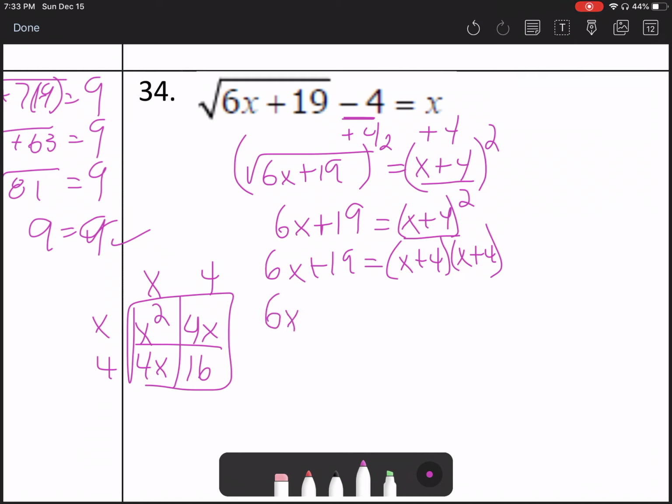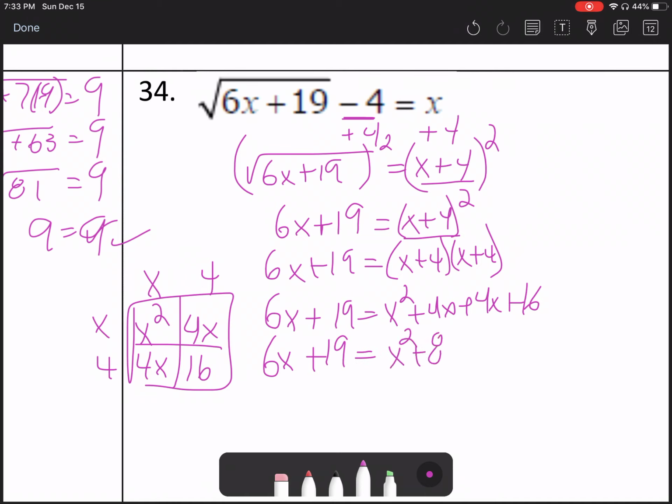So I have 6x plus 19 is equal to x squared plus 4x plus 4x plus 16. 6x plus 19 is equal to x squared plus 8x plus 16.